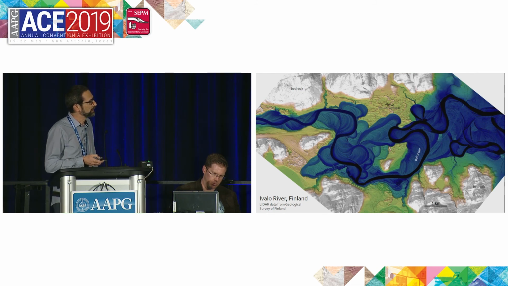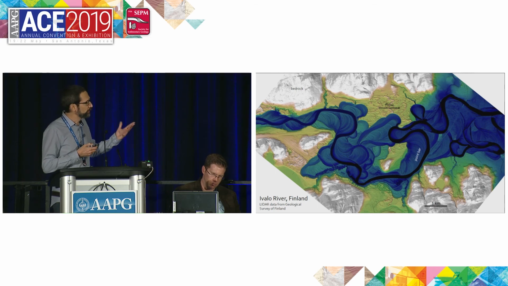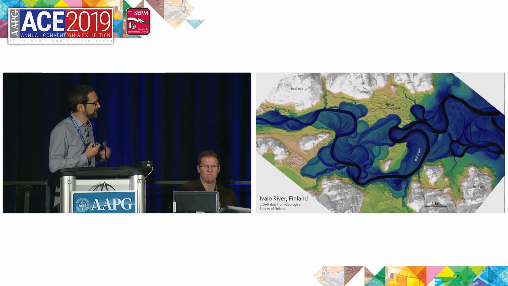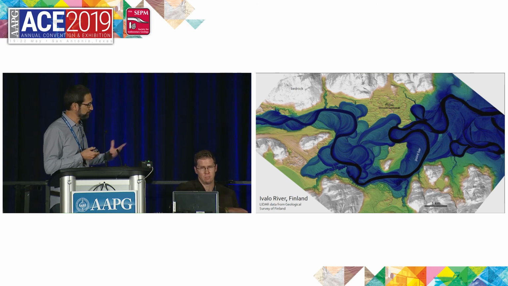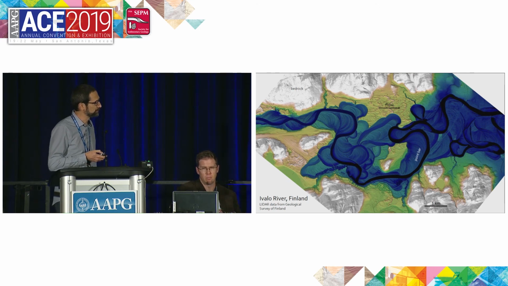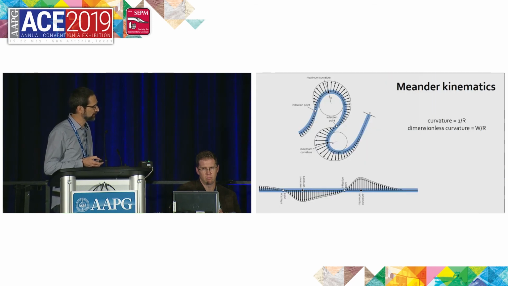And what we want to do, and most of what I'm showing here is not exactly new, people have been building great models of meandering systems before. But what we want to do is to build some point bars, of course, counter point bars, and oxbow lakes, and see how this impacts fluid flow.